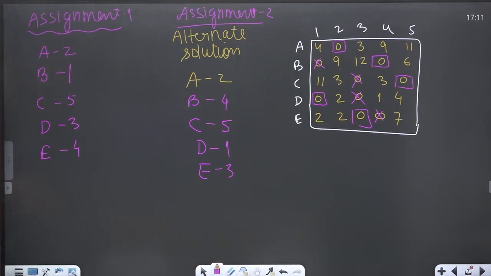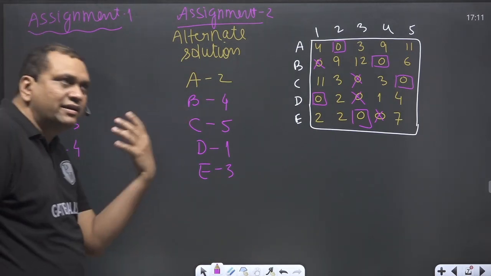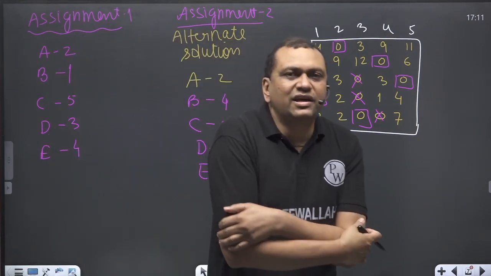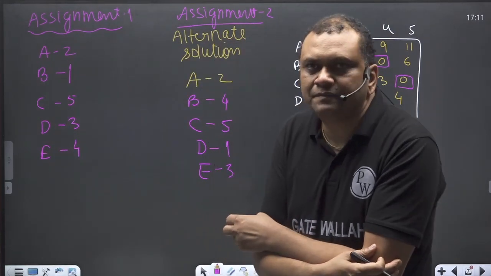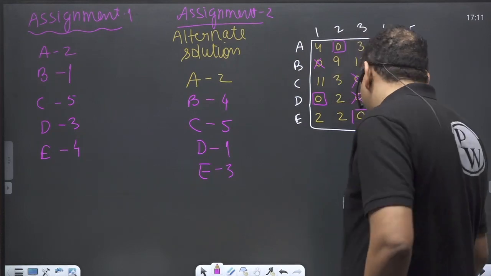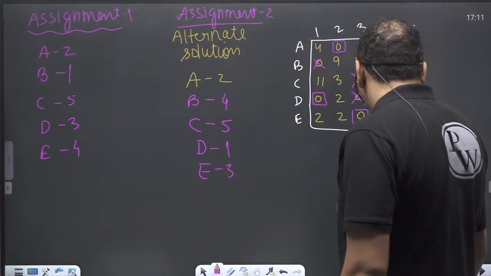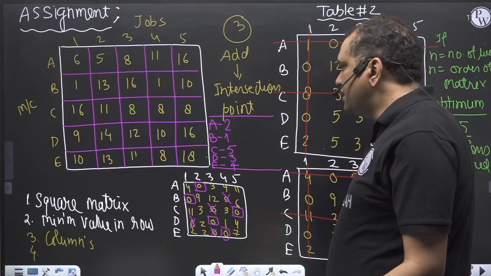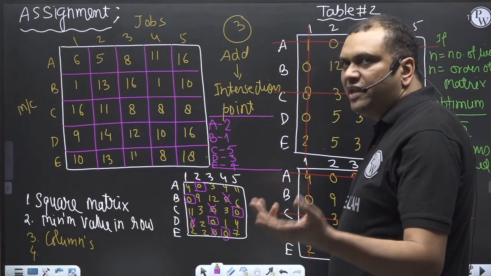So there are alternate solutions, okay? This is the first assignment and the second assignment. Alternate solution means both the assignments will give me the same solution. Now, if the question is asked, how much is the optimum minimum processing time?